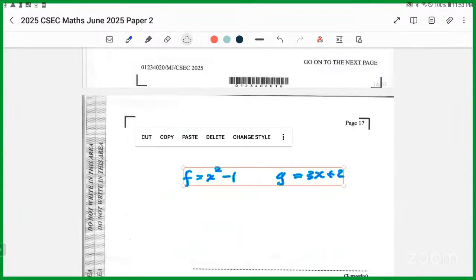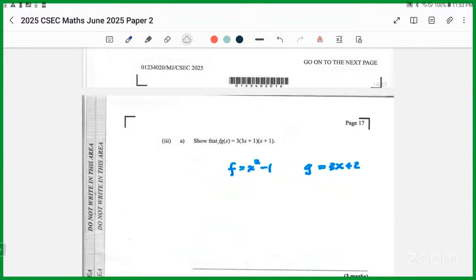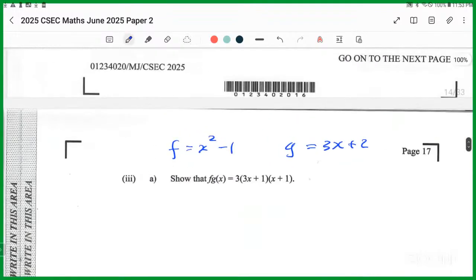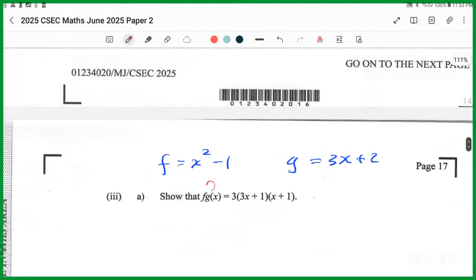So from that composite function, this means putting the g into the f. This means the g function goes into the f function. So all of the g function is going to come into the f function right here in place of x.